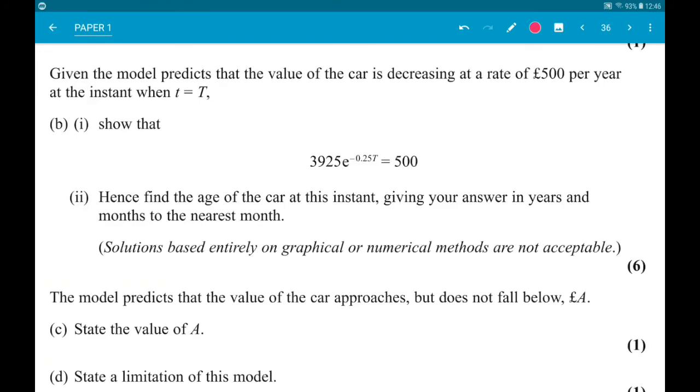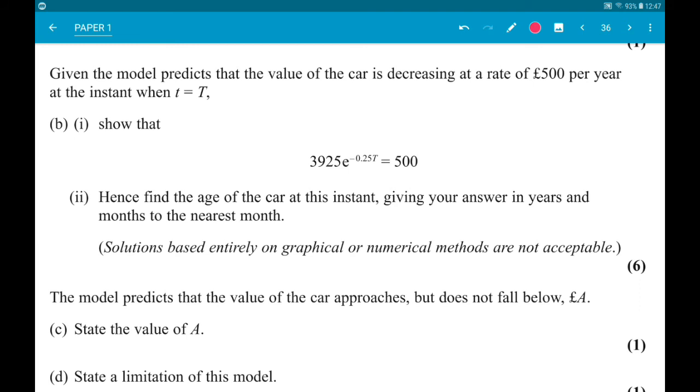Given that the model predicts the value of the car is decreasing at a rate of £500 per year when t is capital T, part 1, show that 3925e to the minus 0.25 capital T is 500. Okay, so keyword rate. So we're thinking of derivatives.